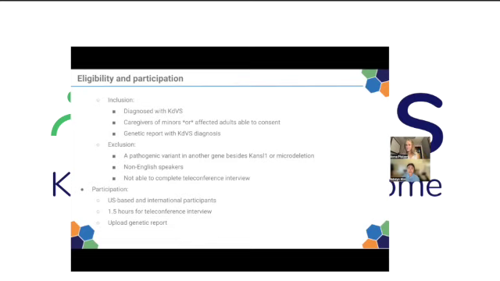I'm thinking the interview will take less time than for caregivers, since they spend less time with the person with Koolen-de Vries, so about an hour, but it really depends on how much we talk during the interview. And they don't have to be an affected individual or have a genetic diagnosis of KdVS. So this is basically the inclusion and exclusion criteria for caregivers, right? Yeah, that makes sense.